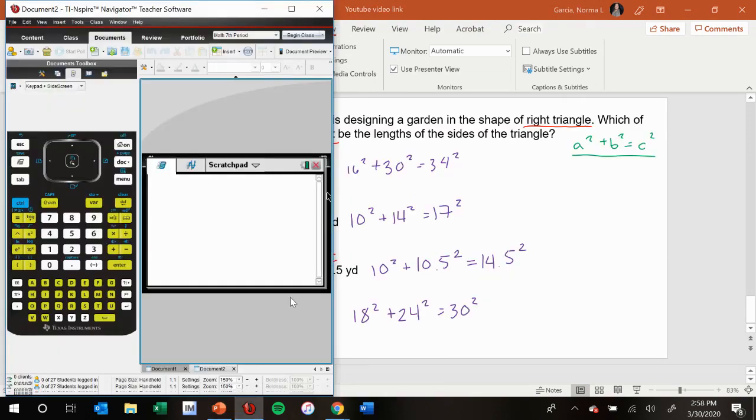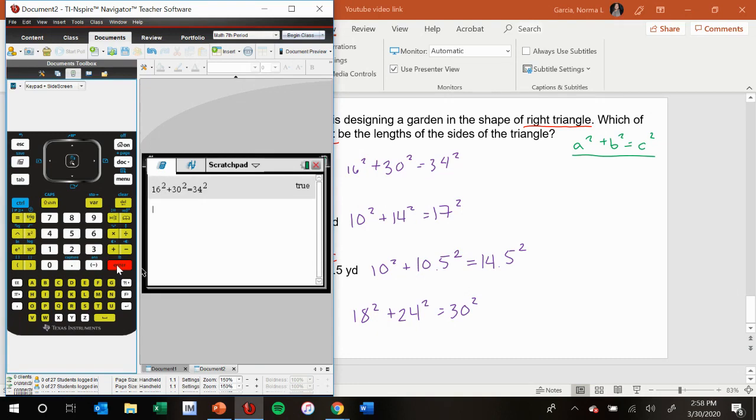And this is the one that you guys are probably going to lean more towards when we're in the classroom. So we're going to type in exactly what we have here. Plus 30 squared equals 34 squared. So this will only work on this type of calculator. And then we press enter.